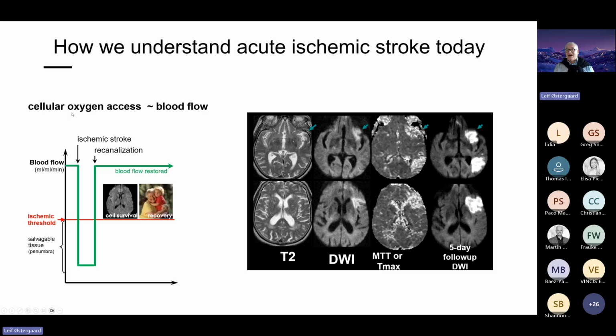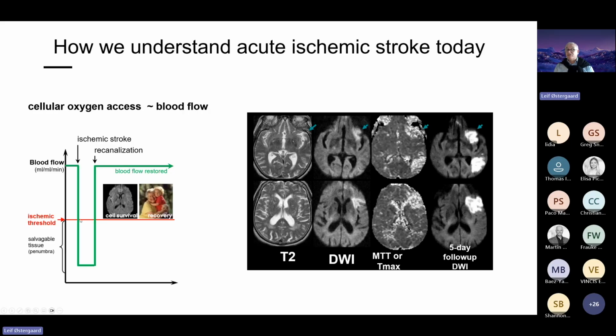So this is how we think of ischemic stroke today, namely that when blood flow all of a sudden drops because of a blood clot, then CBF drops immediately, and there's a specific threshold of cerebral blood flow at which there's no longer enough blood flow to sustain the normal neuronal firing of neurons.